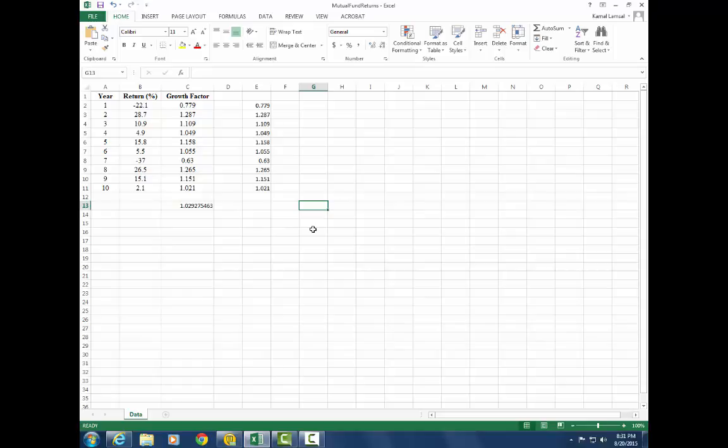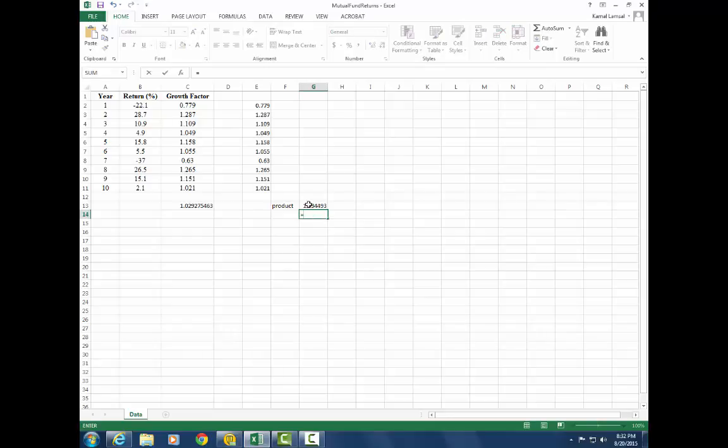Well, exactly how does the math work? Let's calculate this here. What you would do is you'd get the product of all your growth factors. Given that there are 10 values, you would have to get the 10th root of it.